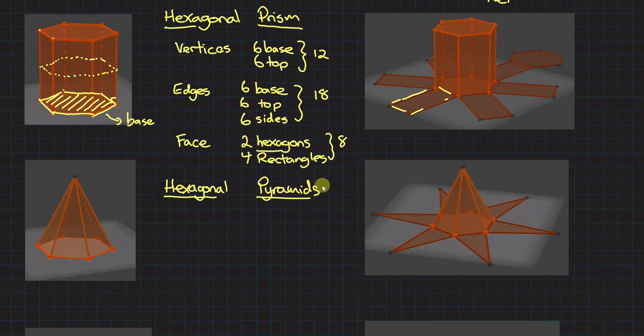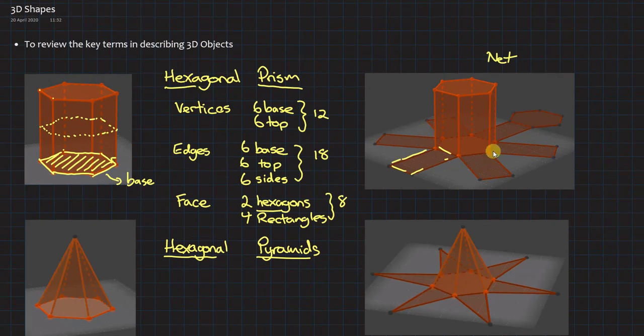Actually, going back, when we come to shapes like this, if it's got an oblong or a square, i.e. a rectangular base, these are collectively called cuboids.